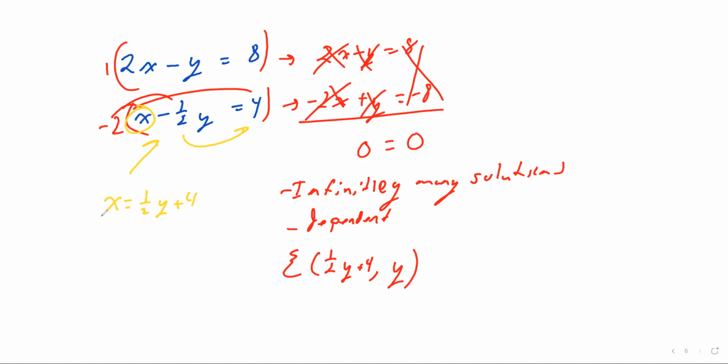If you solved for y, then it would be a random x and the equation that you solved for y for. Right? And they'll say where y is any real number. This to me seems a little extra, but this is what you'll have to do on your homework. I'm good with just infinitely many solutions if you get to this situation. All right, let's see what else they got.